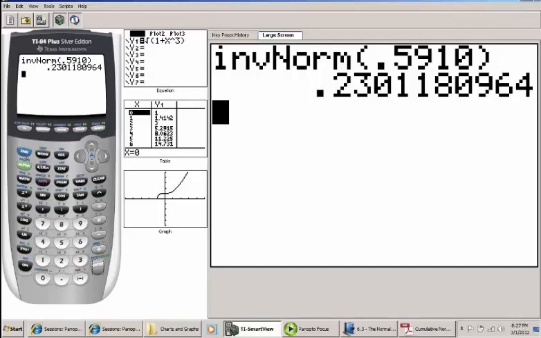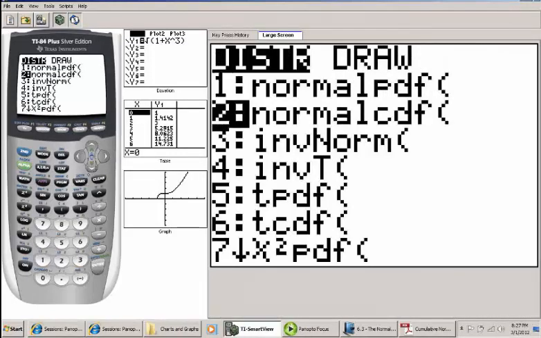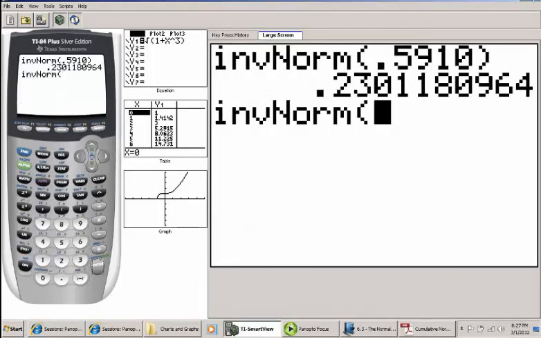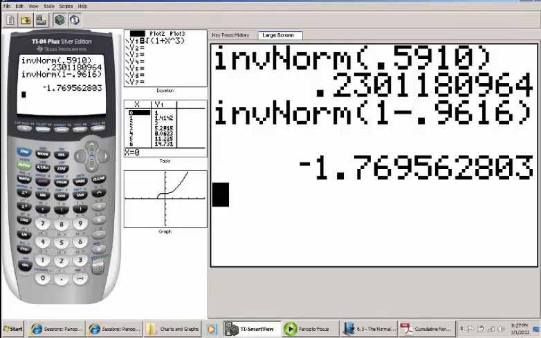Now, when we go back to the notes here, you'll see that for the one with area to the right, you can do 1 minus the area first, or you can just put 1 minus directly in the calculator. 1 minus 0.9616, and you don't even have to put the number in there, the 0.0384, and there's our negative 1.77.